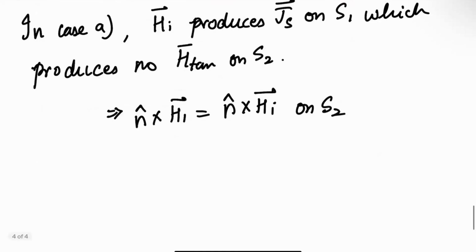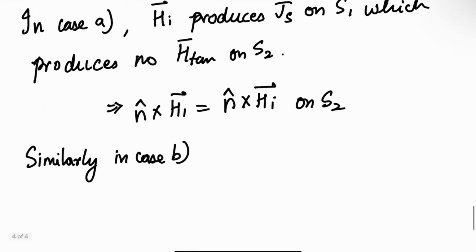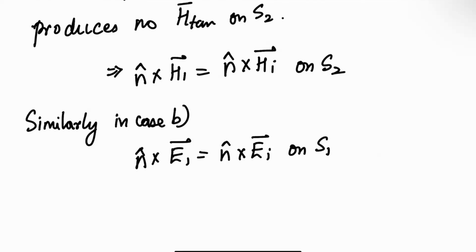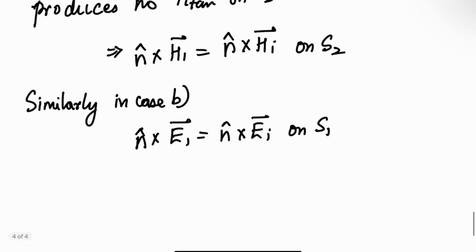Okay. Similarly, in case B, n hat cross E1 is equal to n hat cross EI on S1. Right?